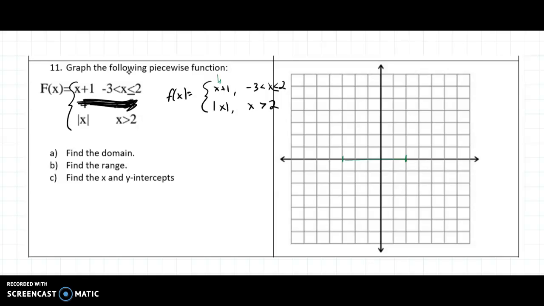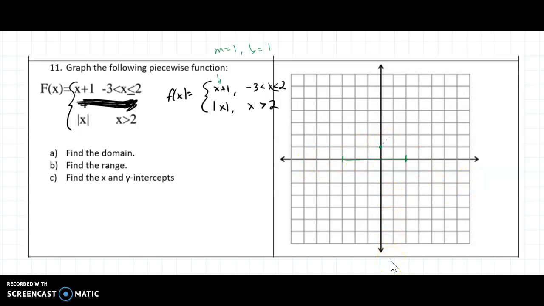So x plus 1 has a slope of 1 and a y-intercept of 1. So I'm going to go to the y-intercept of 1 and put a dot. Then we go up 1, over 1, up 1, over 1, up 1, over 1, and then back 1, down 1, back 1, down 1, until we get to these edges.